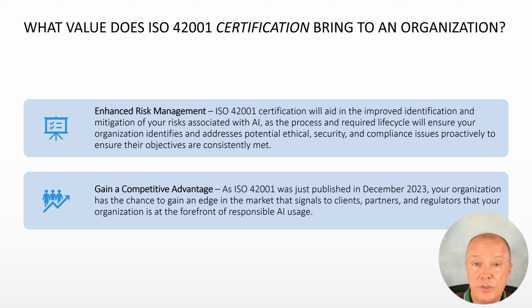The organization will be practicing enhanced risk management with the improved identification and mitigation of risk associated with AI, as the process and required life cycle will ensure that your organization identifies and addresses potential ethical, security, and compliance issues proactively to ensure that their objectives are consistently met.